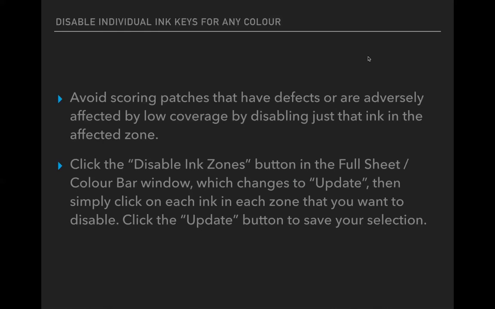Okay. So if there's no ink coverage for a certain color in a few ink zones, and it's affecting your score because of course you're only just measuring the color bar, then disabling that color in those ink zones is going to improve the overall score.